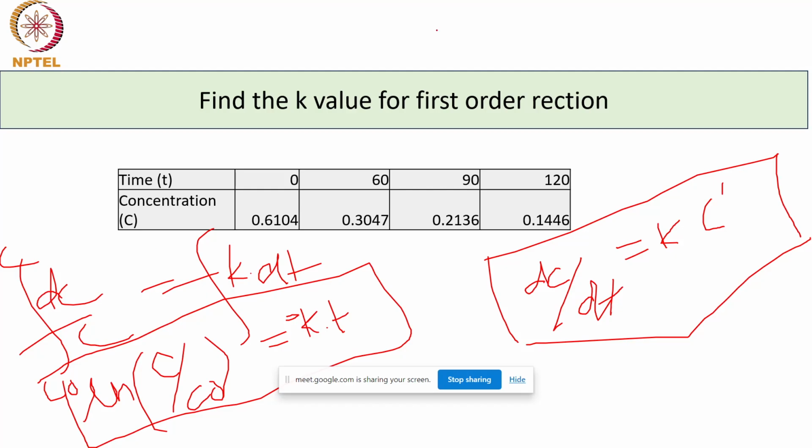Okay, so what you have to find here, as asked in the question, is your k value.